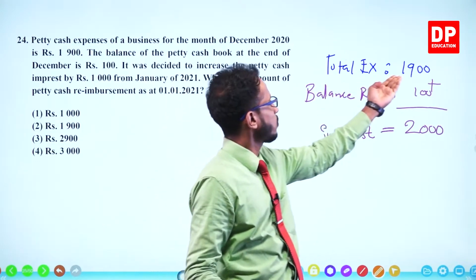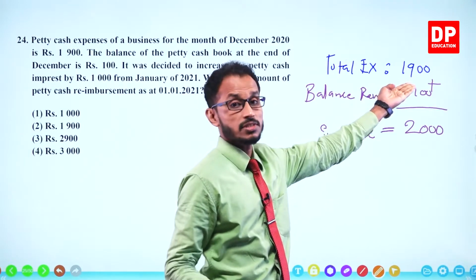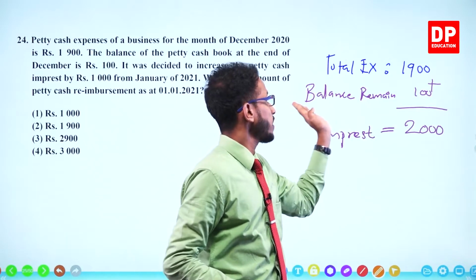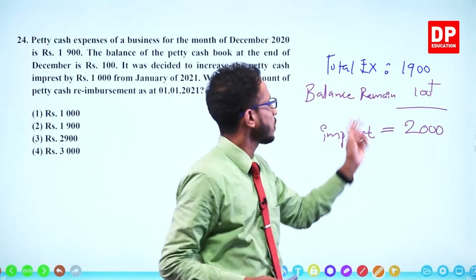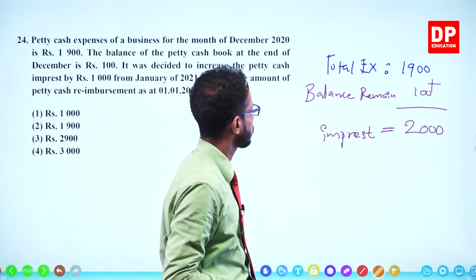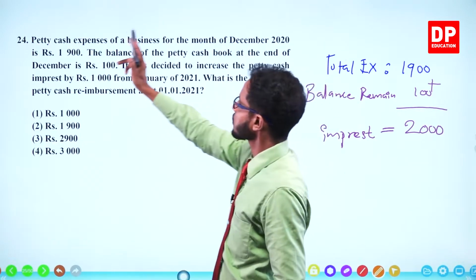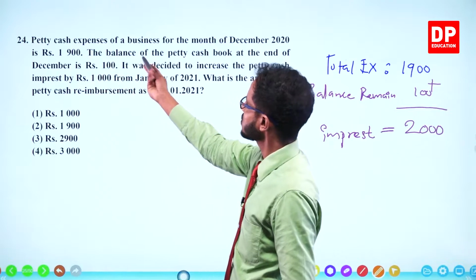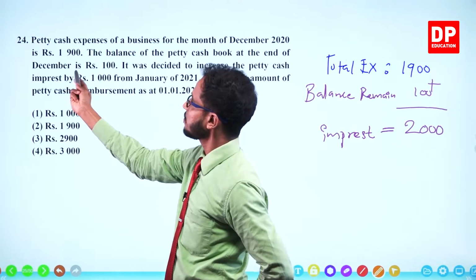He has paid petty cash expenses totally 1,900. Then remaining at hand 100, which means originally he had 2,000. Easy stuff. So balance of the petty cash book at the end of December is 100.